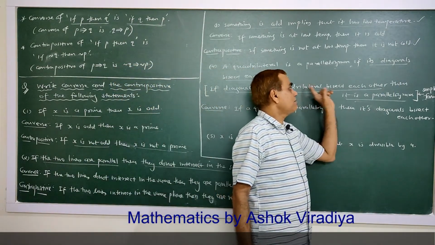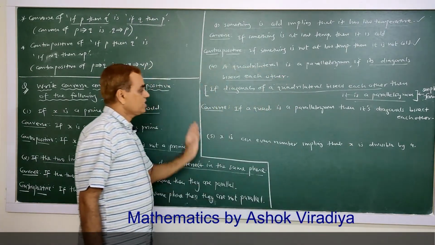Diagonals bisect each other. So this is converse.